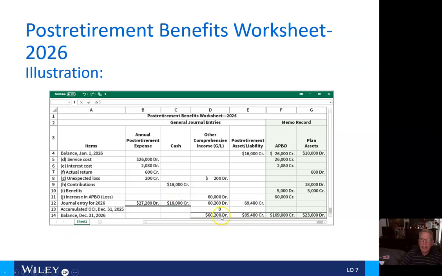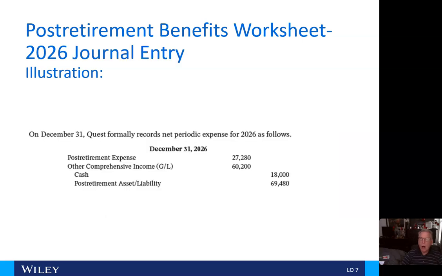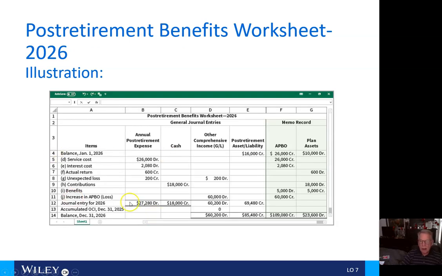So we create a post-retirement benefits worksheet. I won't go through these details again, but you should be familiar with that from the past slides. And now we're ready to do our journal entry to record our net periodic expense. So the post-retirement expense is $27,280. We'll find that here, as we have been in the past.